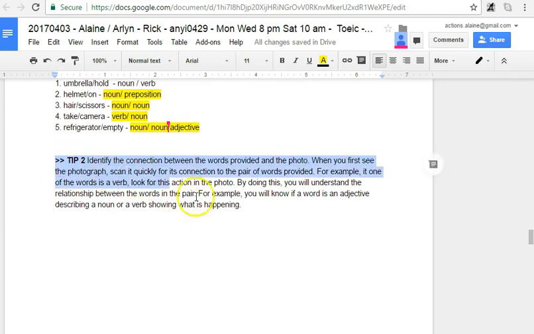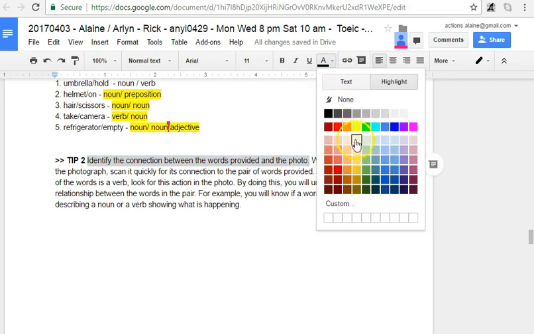Now, could you please read tip 2 for me? Identify the connection between the words provided and the photo. When you first see the photograph, scan it quickly for its connection to the pair of words provided. For example, if one of the words is a verb, look for this action in the photo. By doing this, you will understand the relationship between the words in the pair.